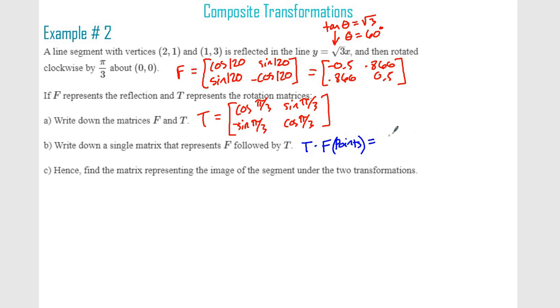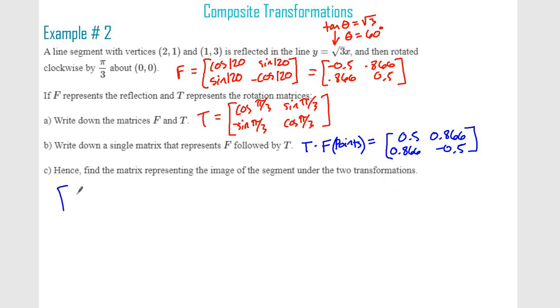All right, you multiply these, you should get the matrix 0.5, 0.866, 0.866, negative 0.5. All right, so find the matrix representing the image of the segment under the two transformations.